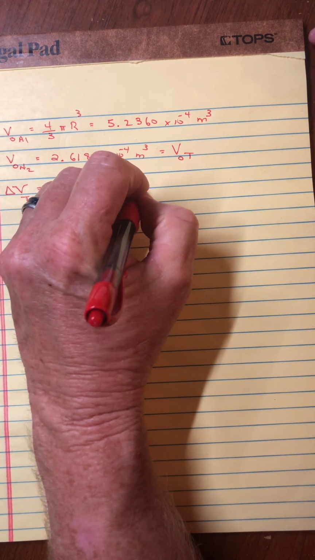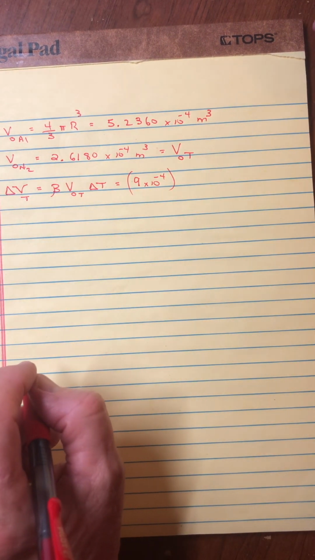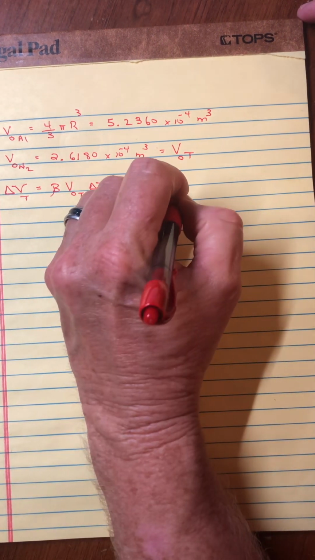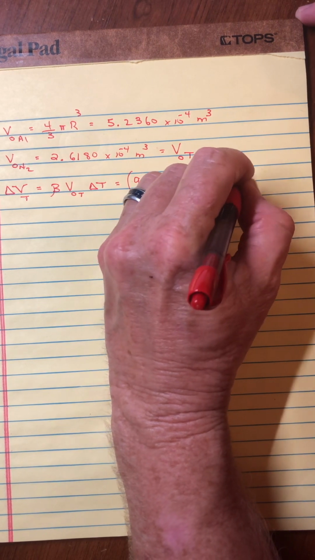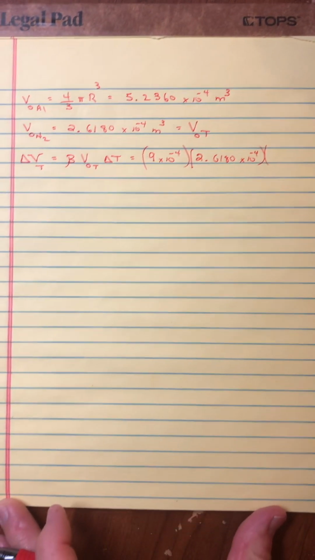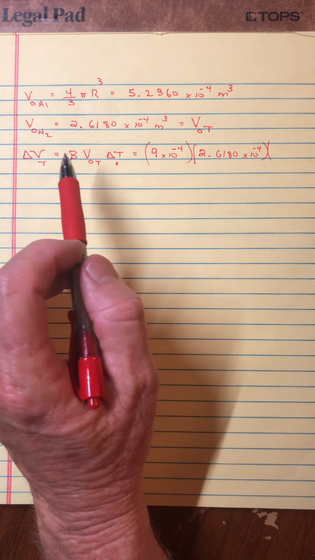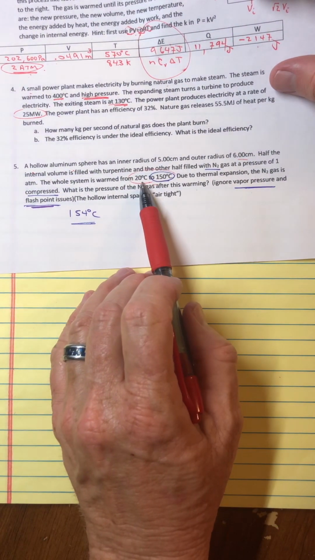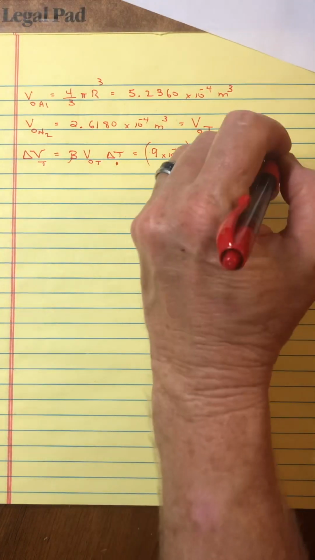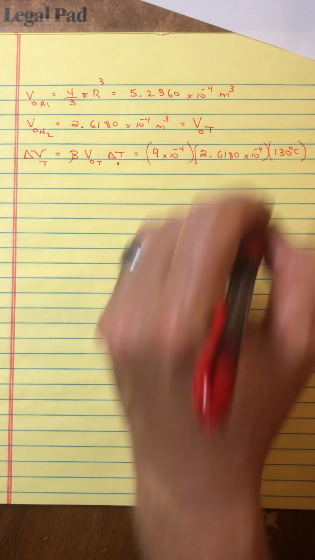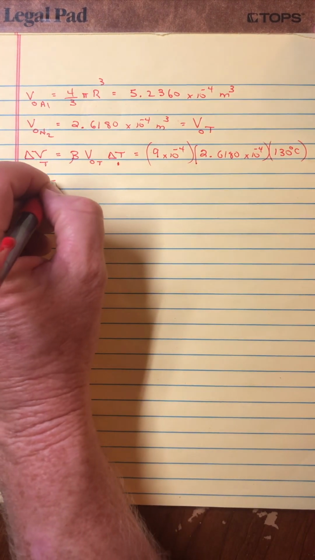Looking in chapter 19, I see that it is 9 times 10 to the minus 4. So I take that original volume of 2.6180 times 10 to the minus 4 and multiply it by the change in temperature. Remember, we were at 20 and we're going up to 150, so that's a change of 130. And since it's a change in temperature, I can use Celsius or Kelvin.